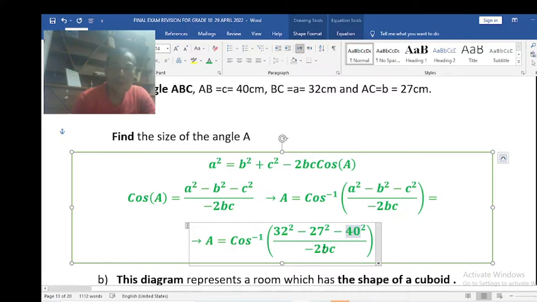Then 2 multiplied by b, which is 27, multiplied by c, which is 40. Then you can use a calculator to figure out the answer. I will use the calculator, learners.